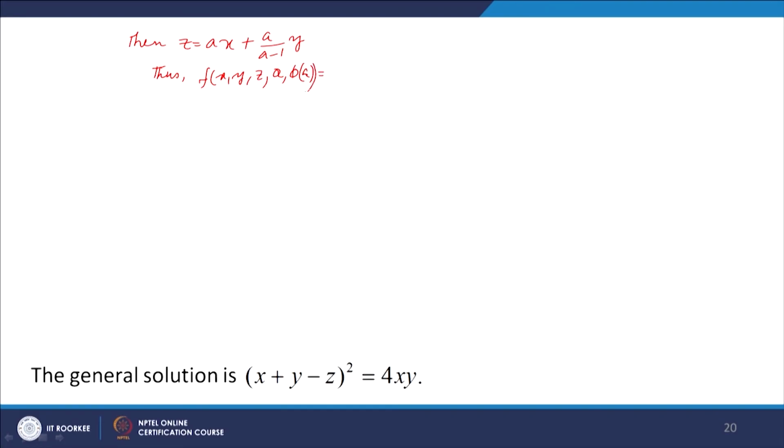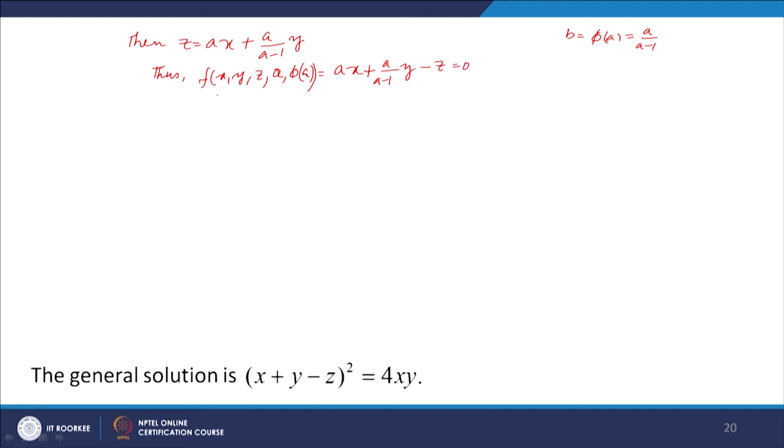Okay. Phi a is b equal to phi a, which is a over a minus 1. So this is ax plus a over a minus 1 y minus z equal to 0.